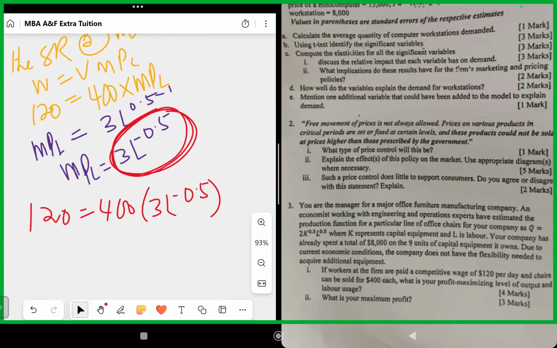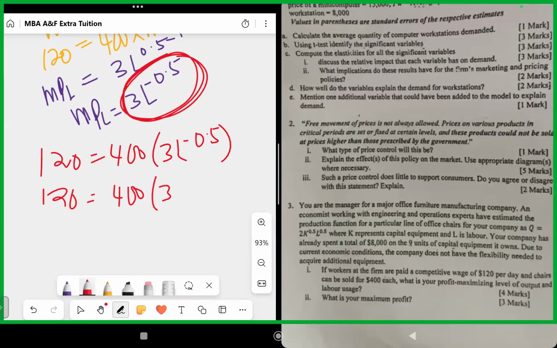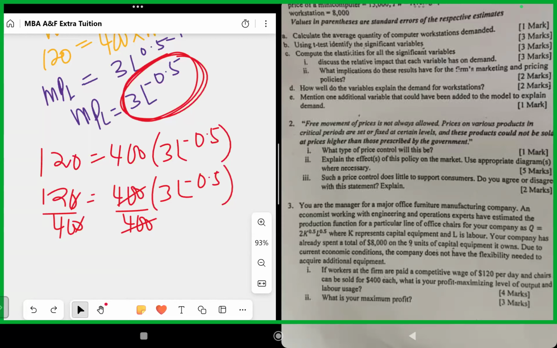So we are going to make L the subject. What we must first do: 120 equals 400 into bracket 3L negative 0.5. You divide both sides by 400. So we have 120 divided by 400, which is 0.3.